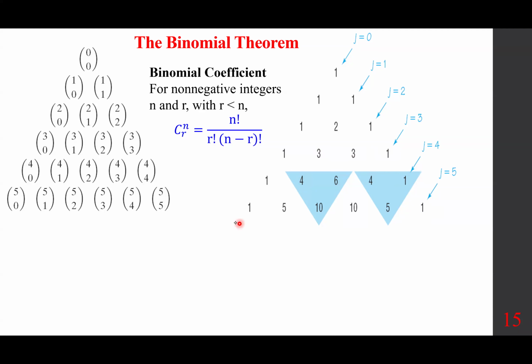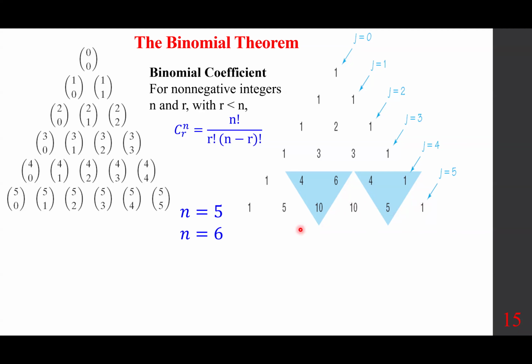Let me show you how we get to the next one so you can see how this works, for 5 and 6. So 1 continues, we get 1 here. Then 1 and 5 is 6. 5 and 10 gives you 15 here. 10 and 10 gives you 20 here. 10 and 5 gives you 15 here, in between, not underneath. 5 and 1 gives you 6 here.